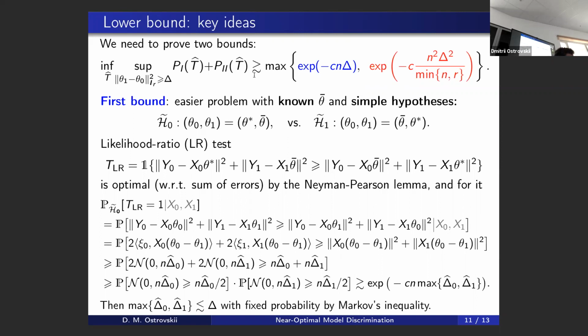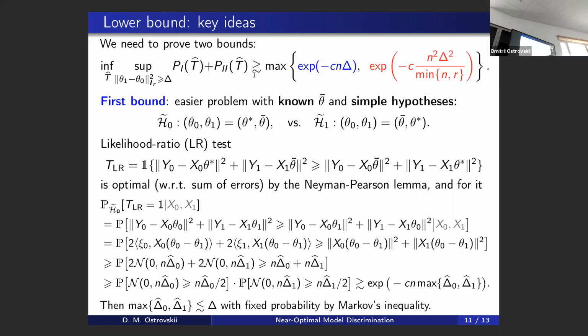We fix one of the covariances to be rank R. What we do with the other covariance, I don't remember now.